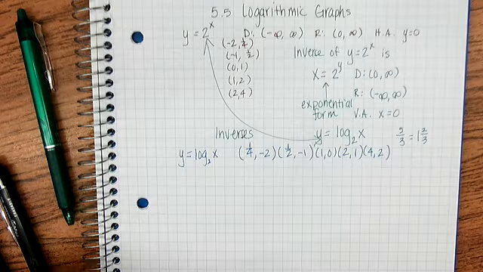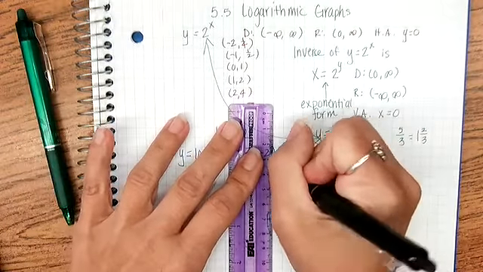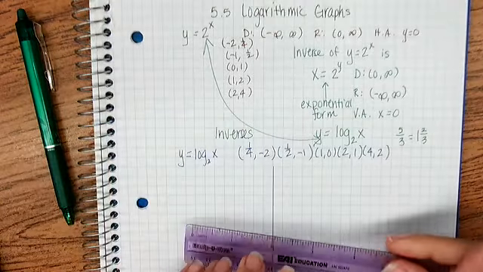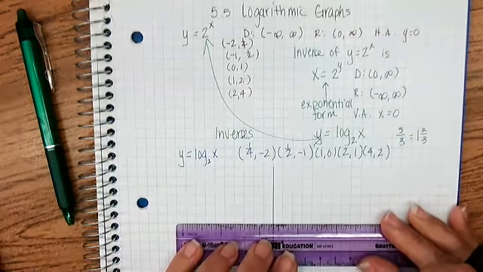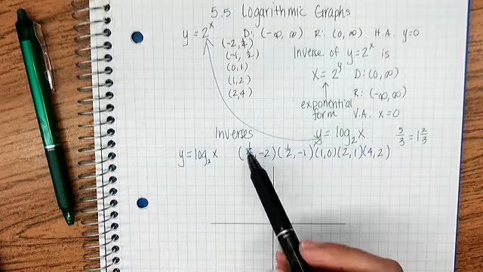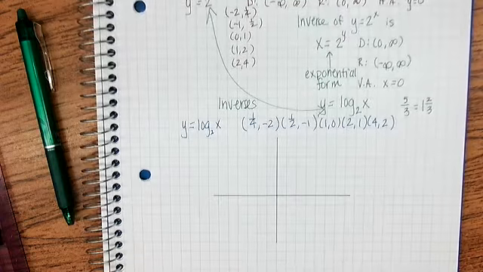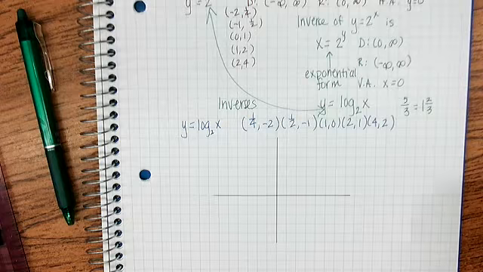Do a quick little sketch. Natural log would have base e. So instead of being 1 over 4, it'd be 1 over e squared, which you would need your calculator to figure out. Okay, my domain, let's actually rewrite it down here.